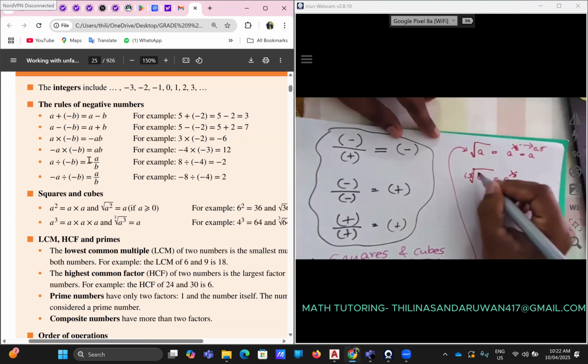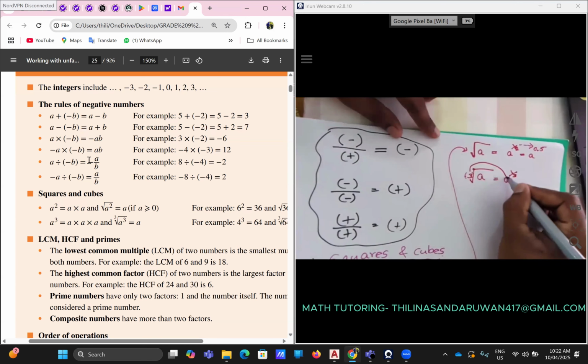This number should come here, but we usually don't write 2 in front of a square root, because if you just use a square root, it means a to the power of 1 over 2. You should remember this one, right?